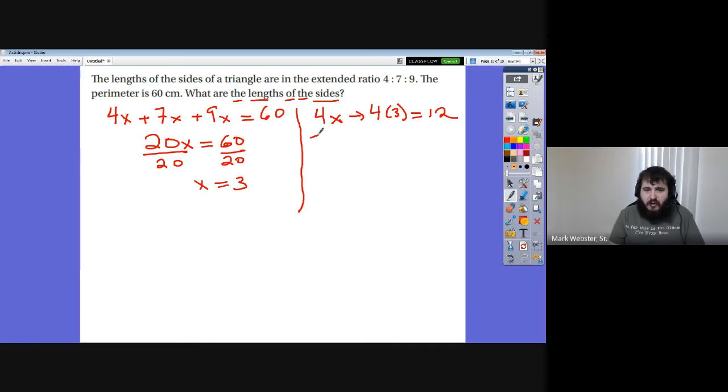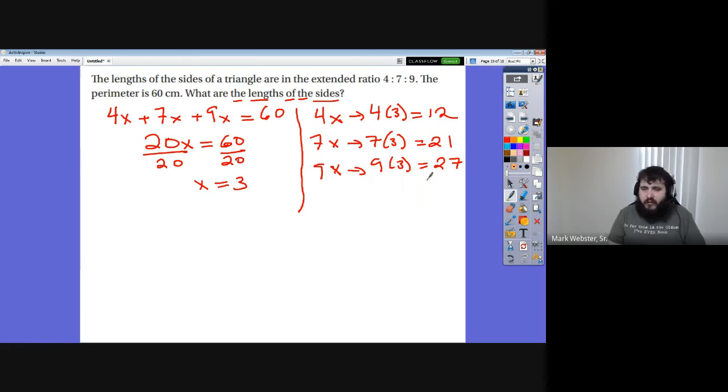Now we'll do the medium-sized one. It's supposed to be a 7. And then the biggest one. So here are our 3 sides.